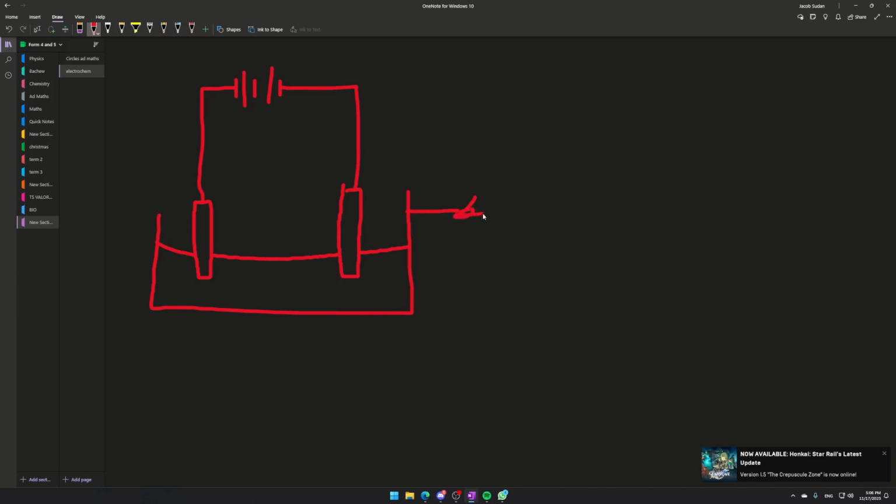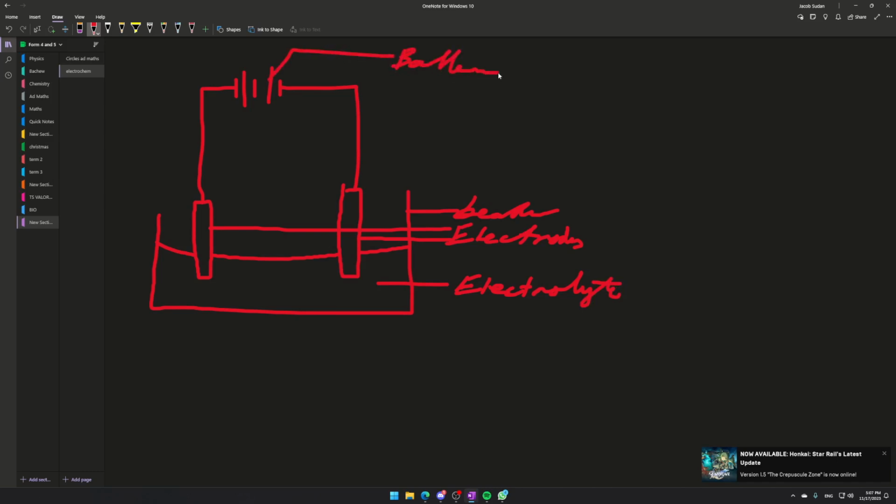This on the outside is a beaker. These two here are electrodes. And this here is an electrolyte. This is just a battery, or some form of power supply.